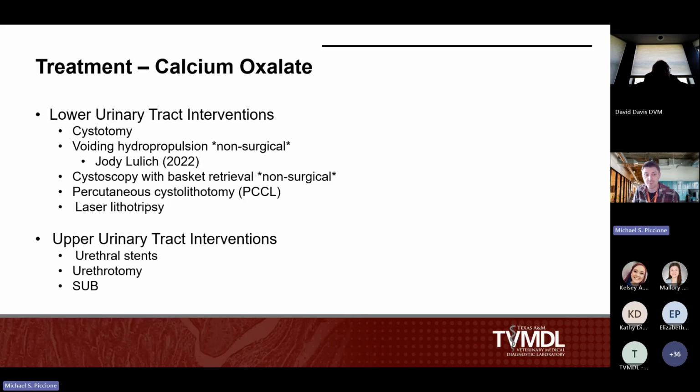If you have these scopes, you can do, for larger stones, a percutaneous cystolithotomy. This is an amalgamation, at least the way I see it, of a classic cystotomy, but it also uses a cystoscope to minimize the invasiveness of the procedure, meaning you're making a much smaller incision into the abdominal cavity.